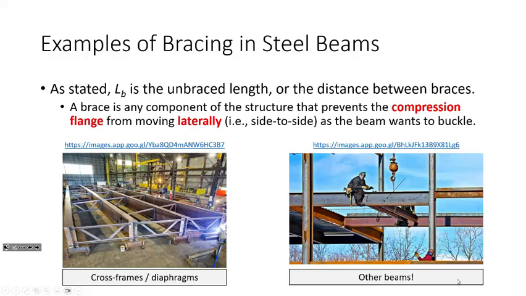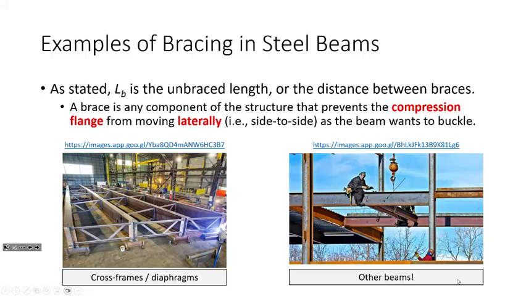And to be clear, what we're interested in from a bracing perspective is, do those braces prevent the compression flange from moving laterally? So for example, if I'm looking at this system here on the left, here's a support, and then we've got a support all the way down here.